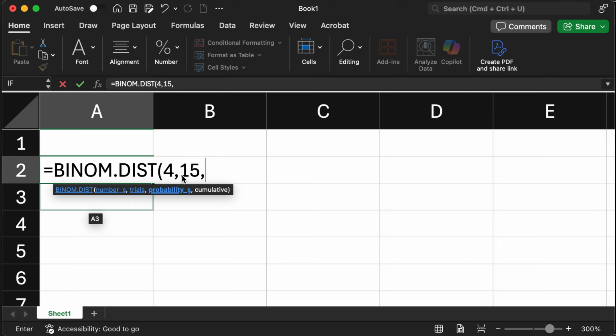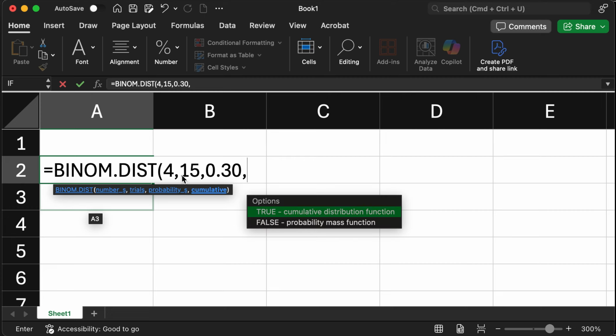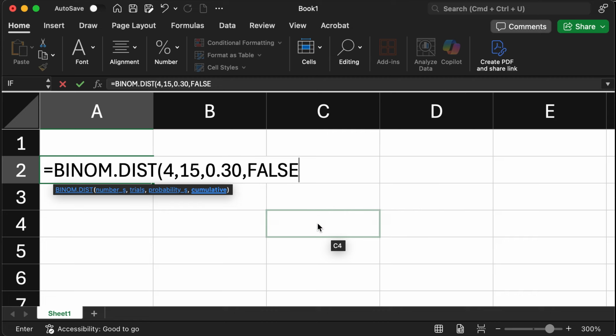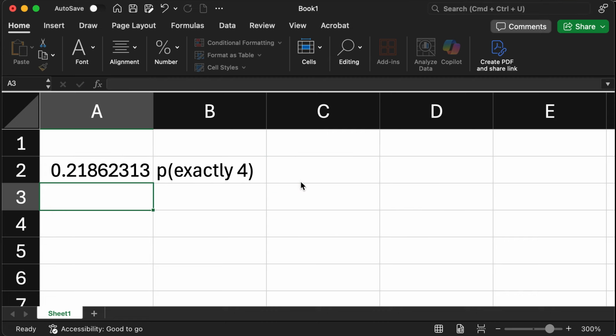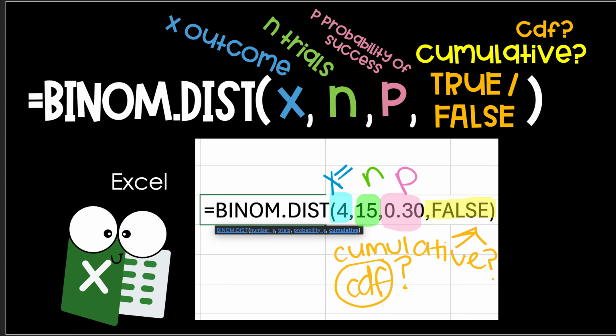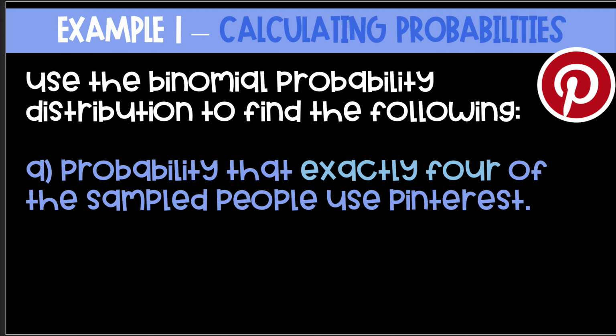Probability of success, 0.30. And then true or false. Do I want the cumulative distribution function or the probability PDF? I want PDF. I put false and then hit enter. That's my probability of getting exactly 4 users of Pinterest, 21.86%. Let me draw it.